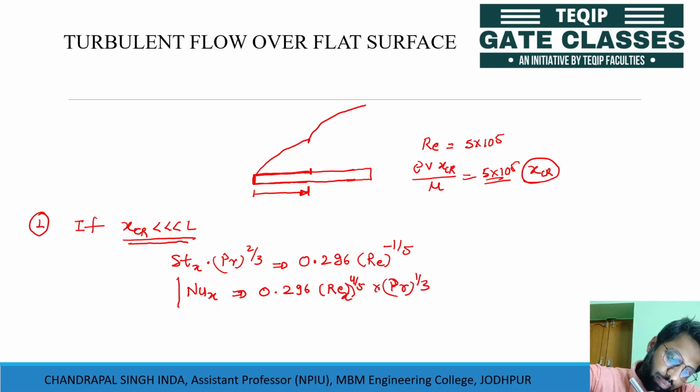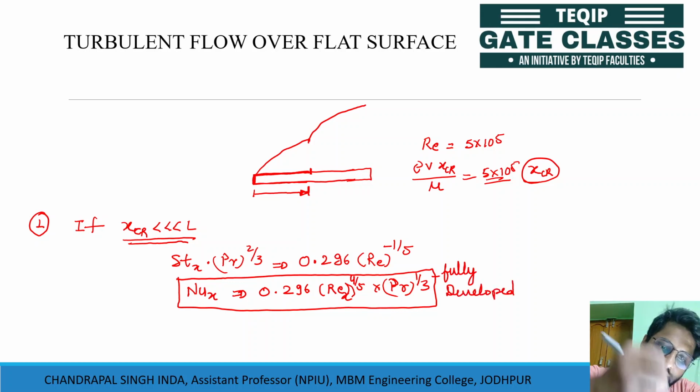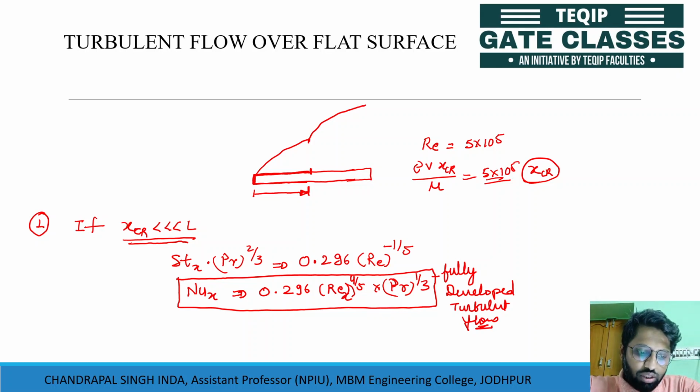So this is an empirical relation for the fully developed turbulent flow. By using this empirical relationship we can find the value of the local convective heat transfer coefficient, h x.